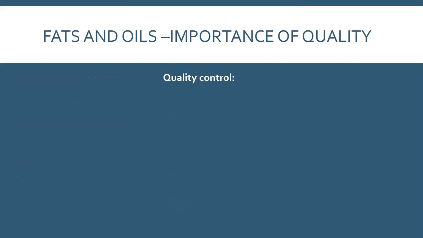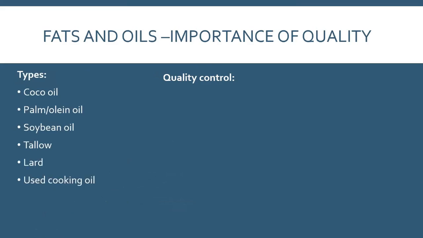Now we can deal with fats and oils and the importance of their quality. We use a lot of types of oil. In most tropical countries, we use coconut oil, palm or palm olein oil, soybean, tallow, lard.